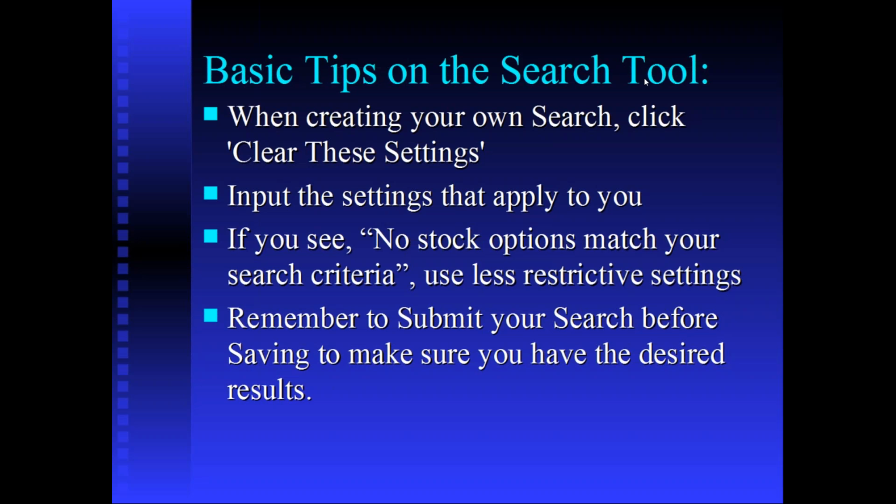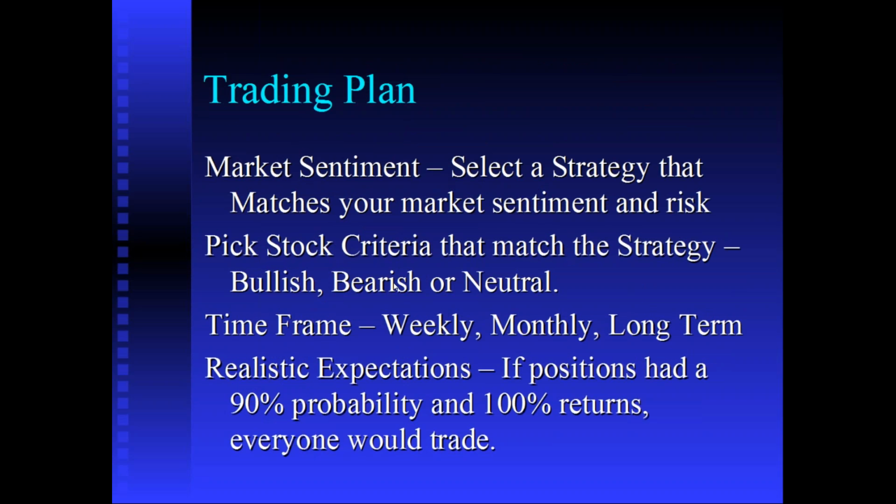Now, again, we already talked about this as well, but remember, when you're going into a search, you don't want to take our results necessarily as a recommendation or suggestion. The weekly picks of the day, the monthly picks of the day, those are designed to help you find trades faster. But you want to know what criteria we're using and make sure they match what you want to see. Yes, we historically tested them.